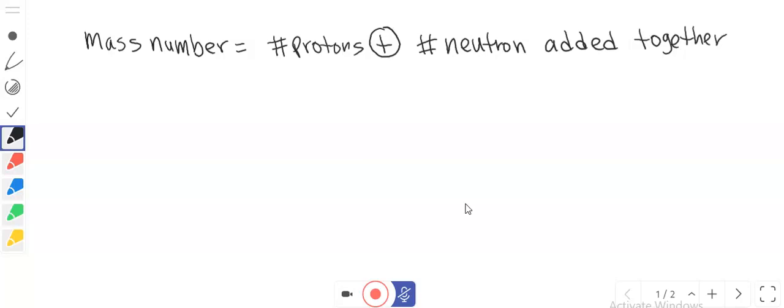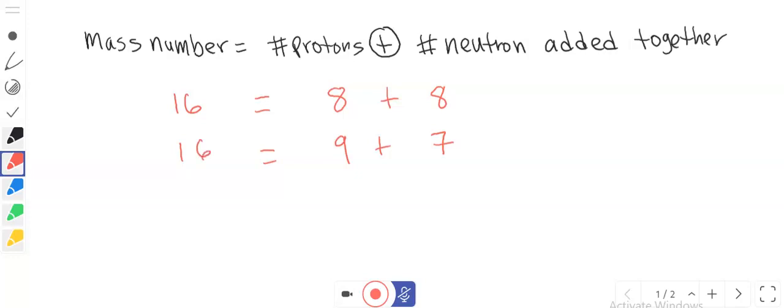For example, if you have like 8 protons plus 8 neutrons, then your mass number will be 16. Say you have 9 protons, but you have 7 neutrons, then your mass number will still be 16 as well.